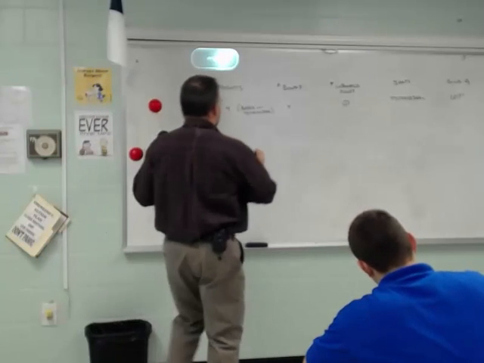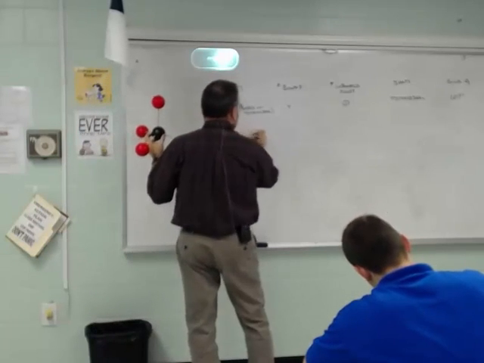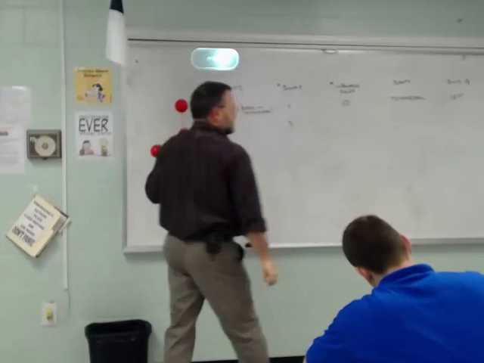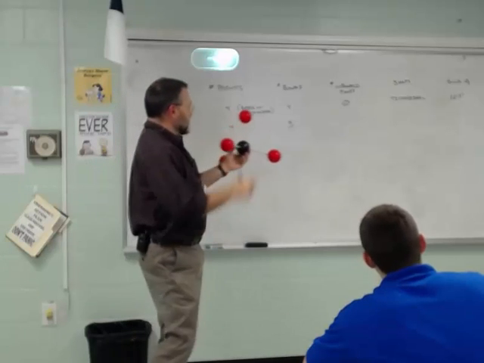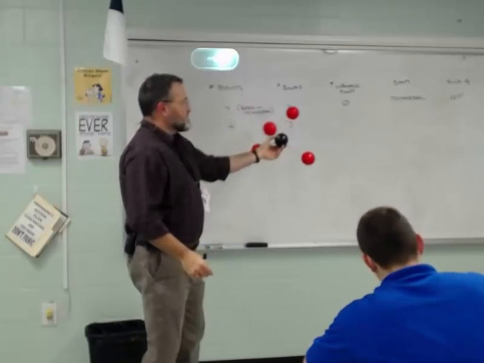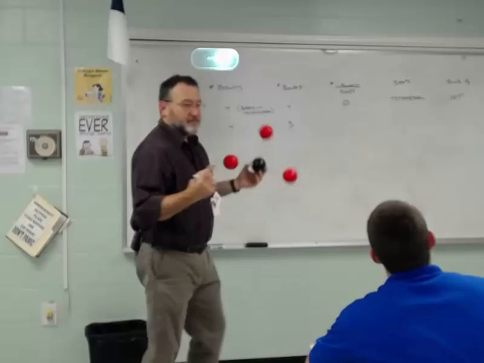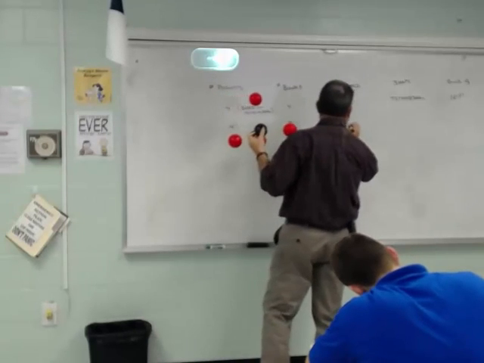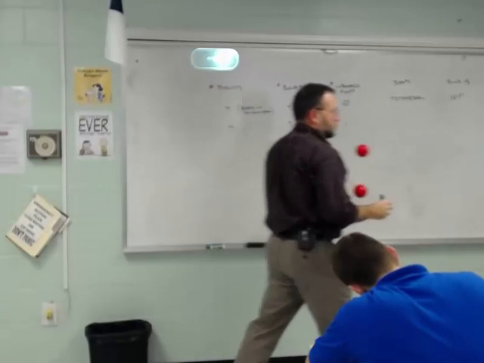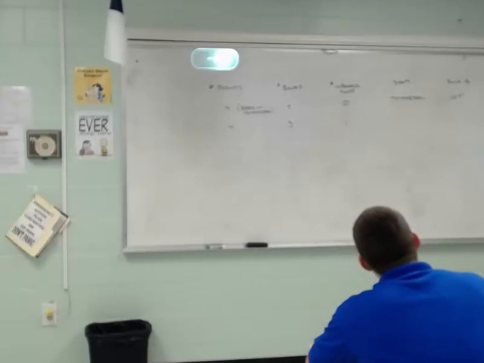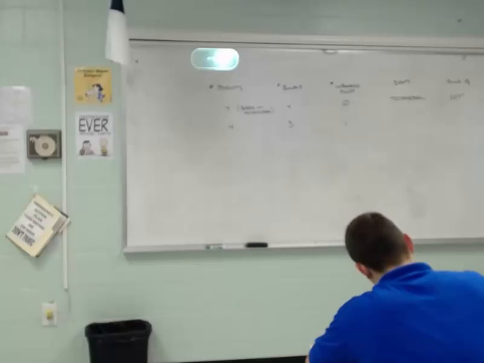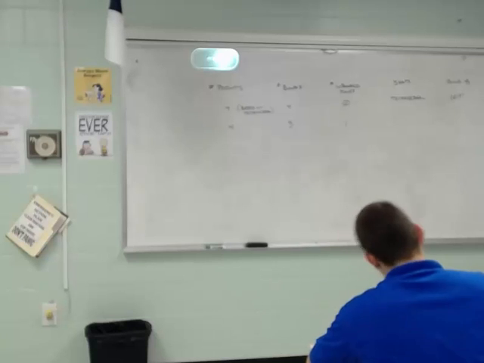Let's say that we've got 4 points and we only have 3 bonds. If we've got 4 points around the central atom but only 3 bonds, that means we have 1 unbonded pair. If we were to take this shape and remove one of the bonds and replace it with an unbonded pair, it would look like this.